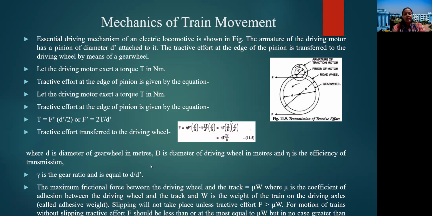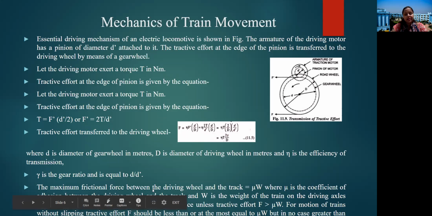Here small d by small d dash is the gear ratio and it is represented by gamma. So the total equation of tractive effort transferred to the driving wheel can be represented by eta into capital T into 2 gamma by capital D.